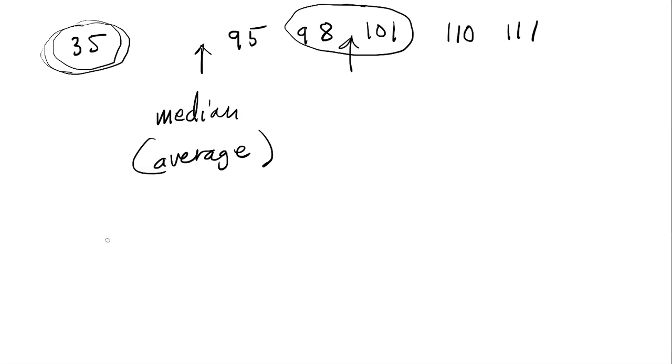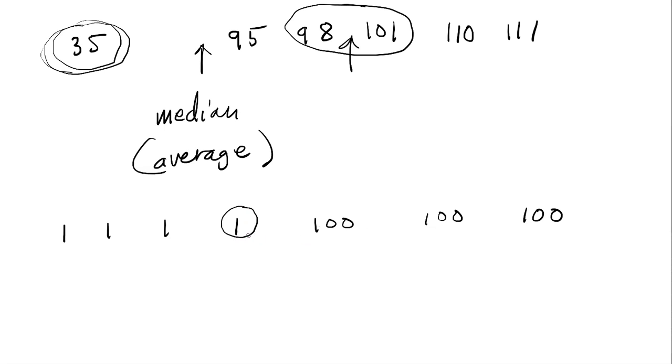So let's say, for example, that we have a data set: 1, 1, 1, 1, and then we have 100, 100, and 100. If I use the median here, then I will get this one.